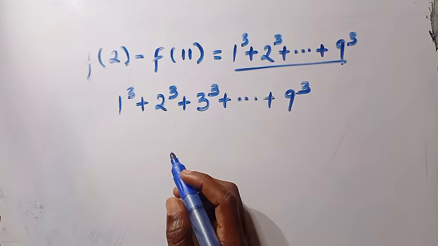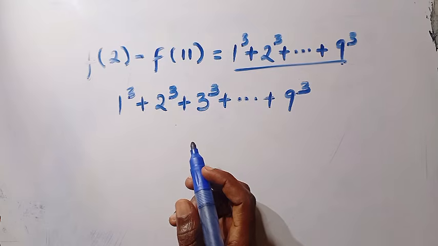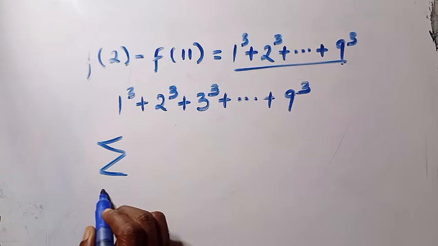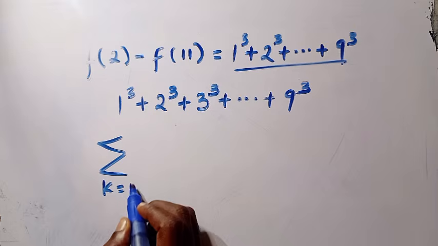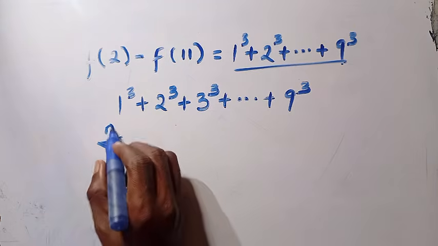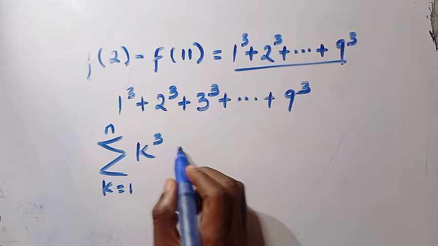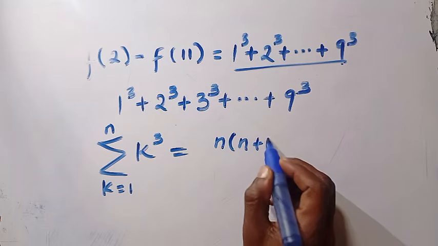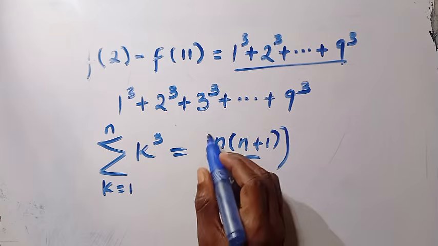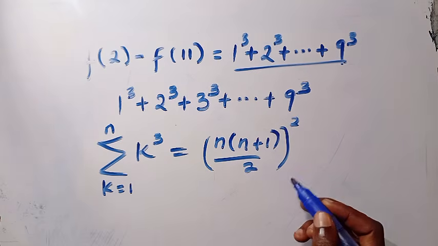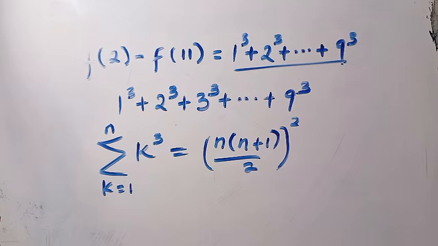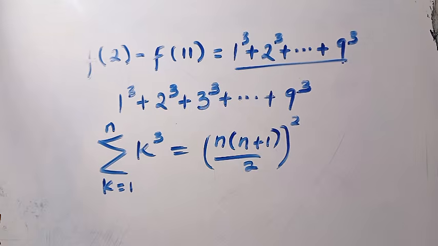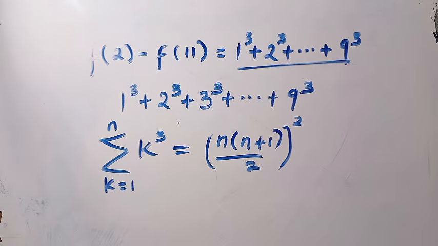It is very easy for us to apply the formula since this is a series. Suppose I use the summation of k equals 1 to n of k raised to the power of 3. This is the same thing as n(n+1)/2, all raised to the power of 2. Substituting, n is just the last number here, which is 9.